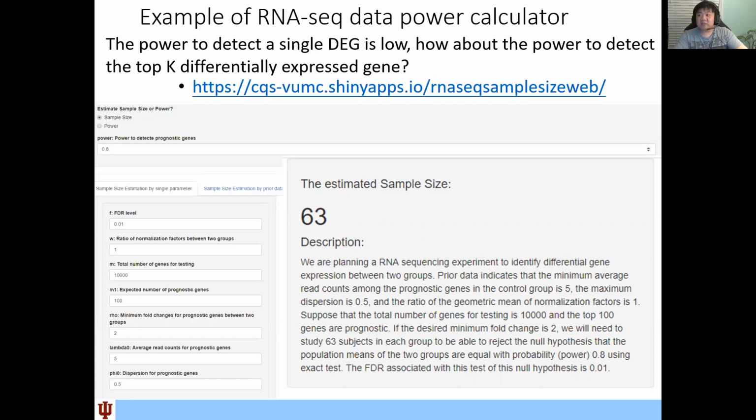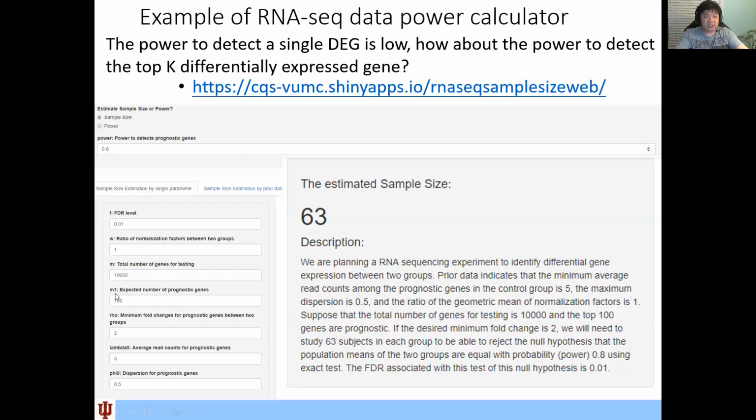So the idea is, with prior information derived from another prior data set, and with certain parameters we set here, like the FDR level, the ratio of normalization factors between two groups, the number of genes for testing, the minimal fold change, and the expected number of prognostic genes, where the prognostic genes are actually the differentially expressed genes, and also the gene expression parameters, we can compute the power to detect the top 100 differentially expressed genes.